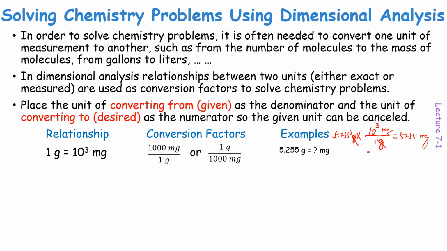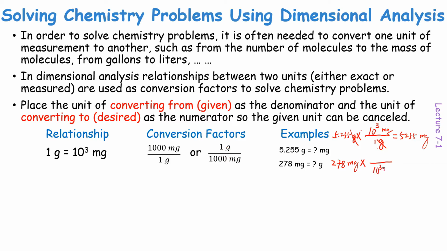Okay. Now another example, 278 milligrams. We want to know how many grams that is. So we'll start with 278 milligrams. And this time we have to use this conversion factor. We are converting from milligrams.